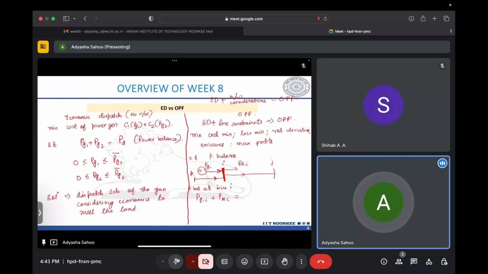That should be exactly equal to the power that is going out from the bus. So that is your PDI plus PIJ. That is your power balance for bus I. So here we have considered the PIJ and PKI, which we were earlier not considering in the economic dispatch.